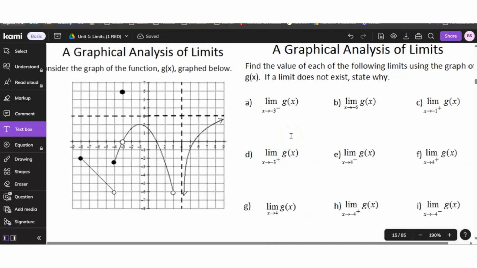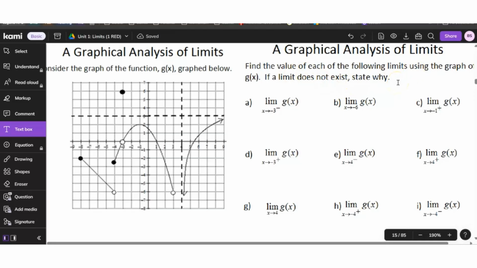So we're going to consider the graph of g of x here. It's graphed below. What kind of graph is that? Piecewise. Thank you, Manuela. All right. We're going to find each of these limits.